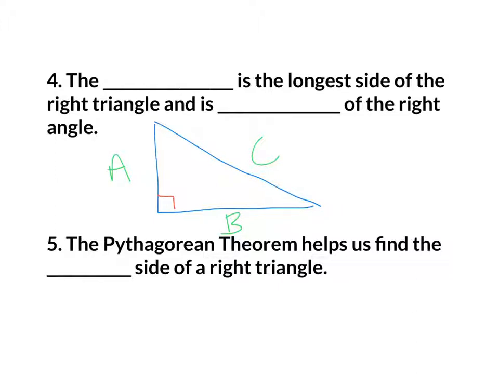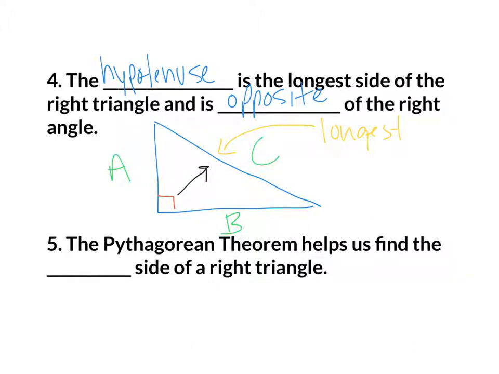So C, which is once again the longest side, has to be known as the hypotenuse. The hypotenuse is the longest side of the right triangle, and it is opposite of the right angle, so we put opposite in here.